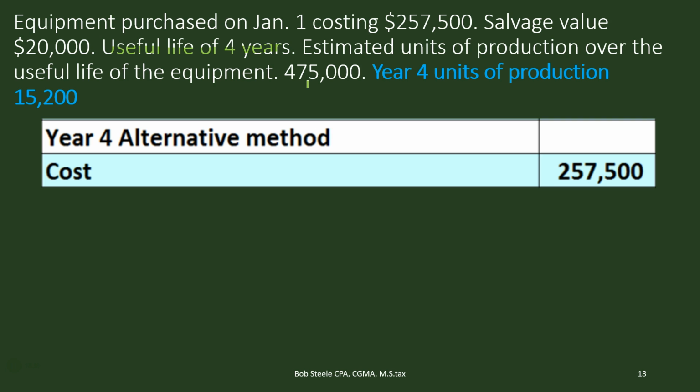So for example, if there was no salvage value and we depreciated at 50 cents per page, and it happened that we printed more pages than we estimated, more than the 475,000 pages, then if we keep on recording at 50 cents a page, we will end up with a book value below zero at some point. And that's not feasible. We cannot have a printer that is worth negative money. That doesn't make any sense.